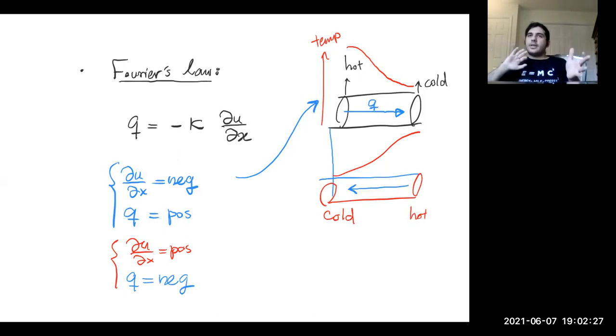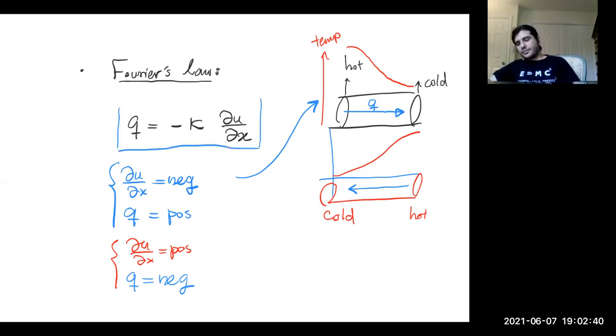If one is positive, the other one is negative, right? So one of them should be something times minus the other one, and that thing is constant. This is called Fourier's law. Here, partial u partial x is negative because the function is decreasing. When a function is decreasing, the derivative is negative, and when the function is increasing, the derivative is positive.